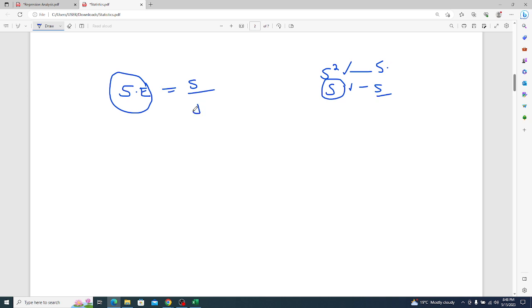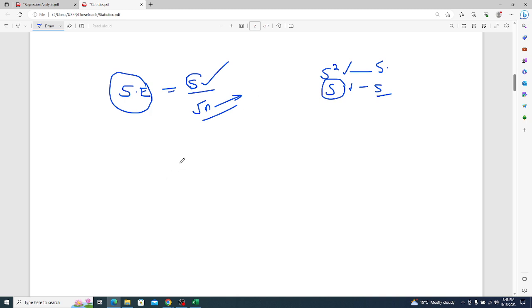That's why we usually compute standard error using this formula: standard deviation divided by the square root of the sample size. We are deviating the standard deviation of that sample data.